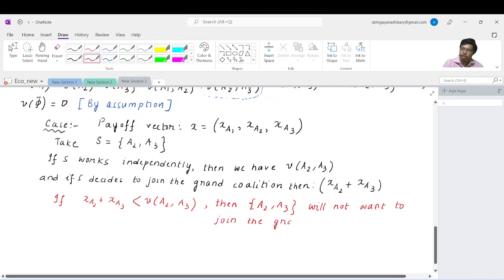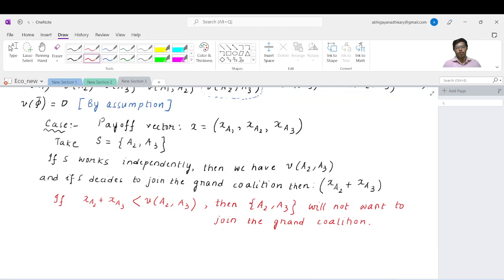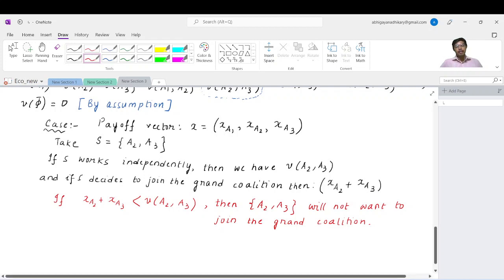And by definition, you understand that when is a grand coalition formed? When all the players agree to join, right? So if these two players together don't want to join a grand coalition, then can the grand coalition form? No. So as a result, what we'll say is that this particular coalition or this particular subset is actually blocking the grand coalition.